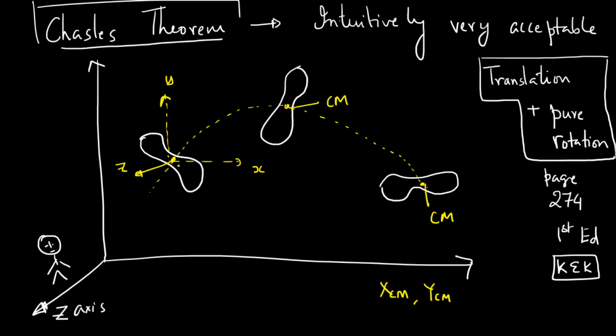Let's say you're traveling along with the center of mass and you're using this dynamic axis. What do you see through your eyes for this baton? A little bit of imagination will tell you what Chasles' theorem claims. This observer sees only pure rotation.